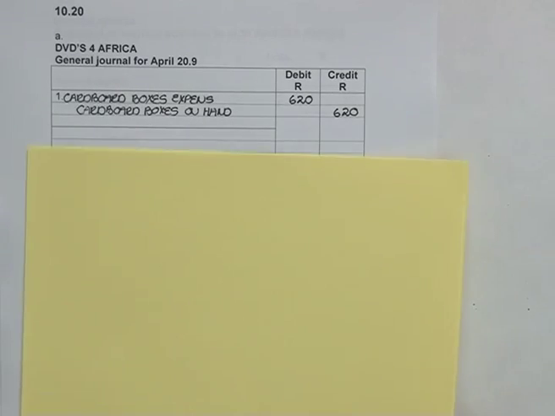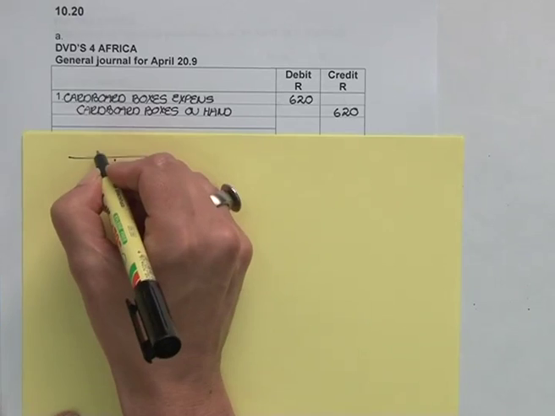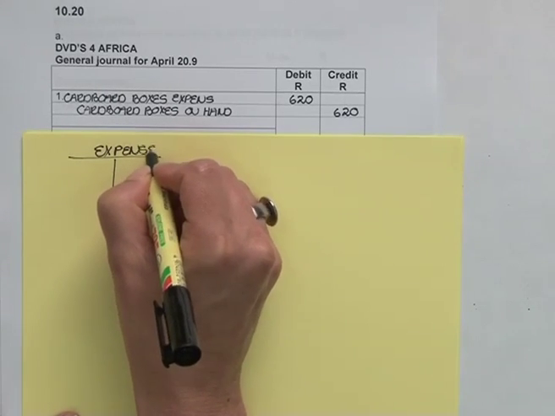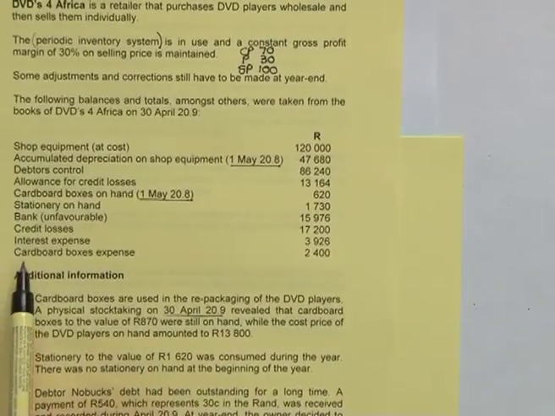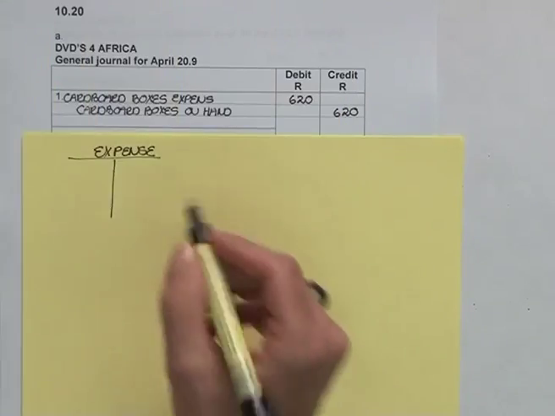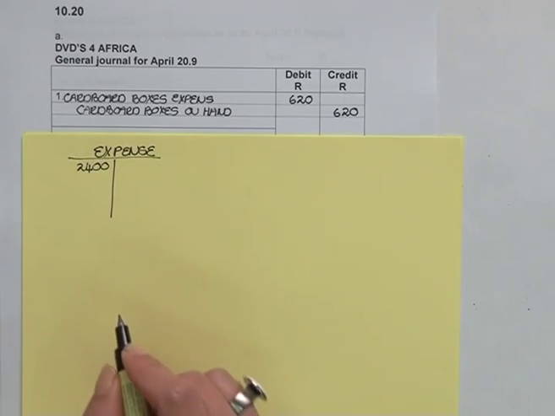Okay, at this point, if we look at our expense account, we had a cardboard boxes expense of 2,400. So that's how they accounted for it during the year, 2,400.